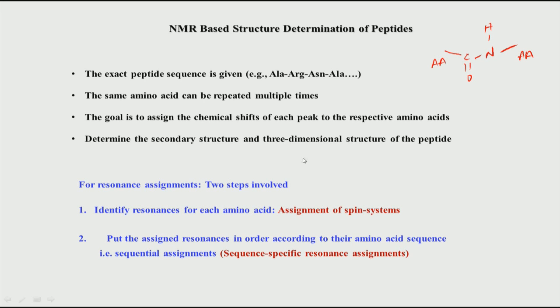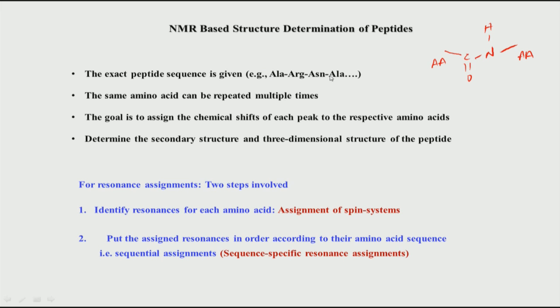So, once you have identified the spin systems, then you have to find out which spin system comes in which sequence or order. So, look at this again. In this sequence, my first amino acid is alanine, second is arginine, third is asparagine, and fourth is alanine. So, that means for the 2 alanine spin systems which I would have got from my TOCSY, I should now decide which spin system comes at this side, that is the fourth one here for example, and which alanine spin system comes in the beginning.